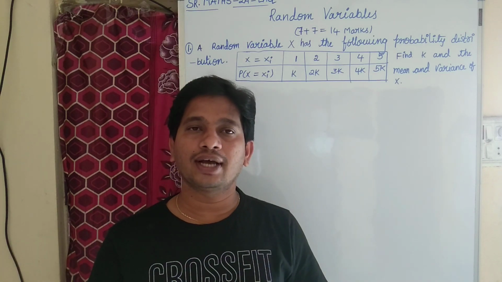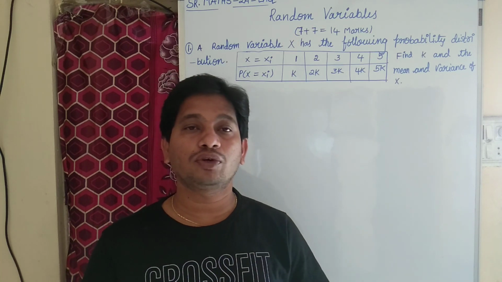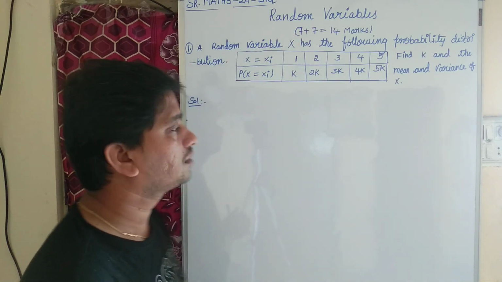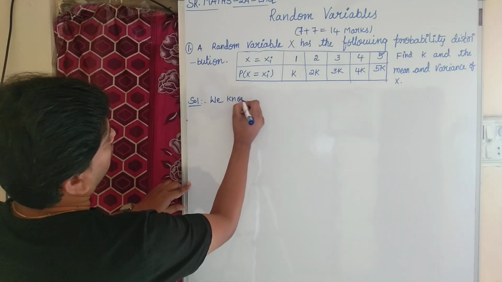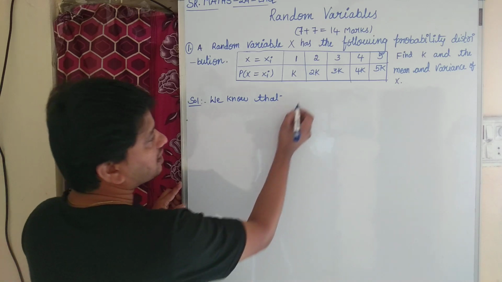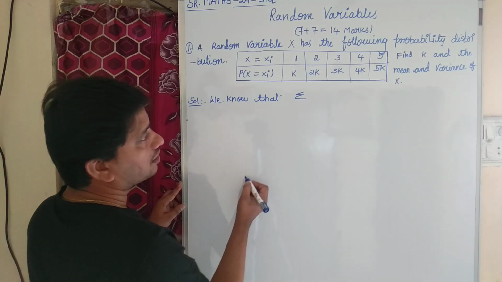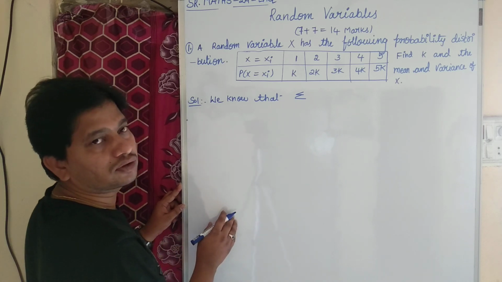You know children, when we were in class 10 we learned the sum of the probabilities is equal to 1. We know that sum, I can write as sigma. Sum of the probabilities must be equal to 1.